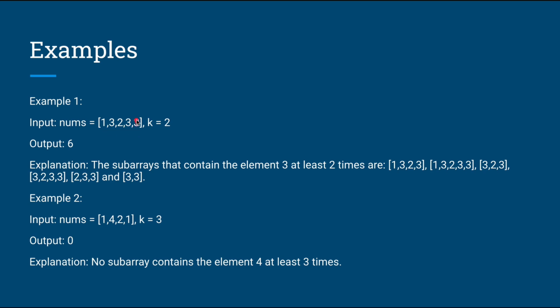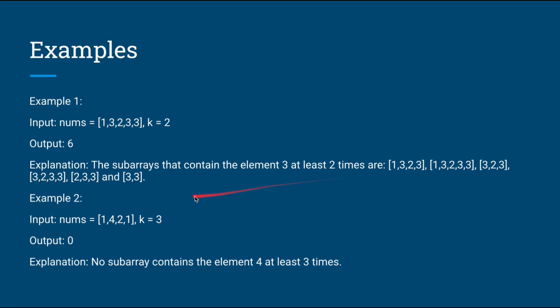We are not taking the last 3. So the first subarray is this 1, 3, 2, 3. It contains 3 two times, so we take a count of 1. Then we'll take the whole array. Then we take the last 3 to 3. We will shrink it and take 3 to 3.